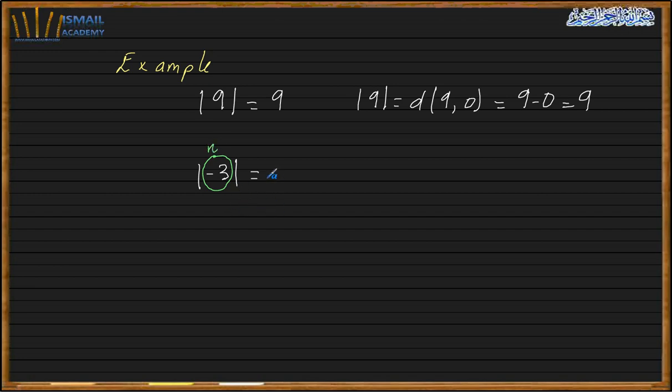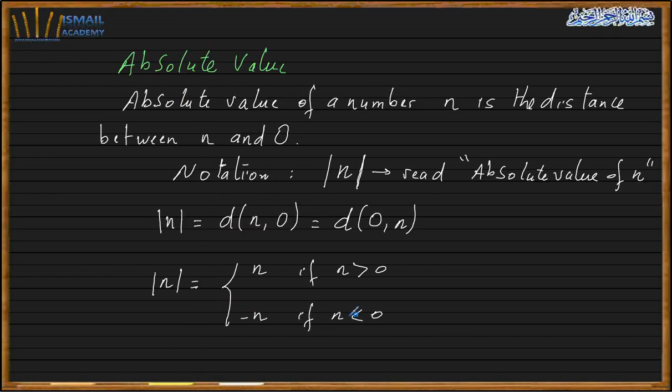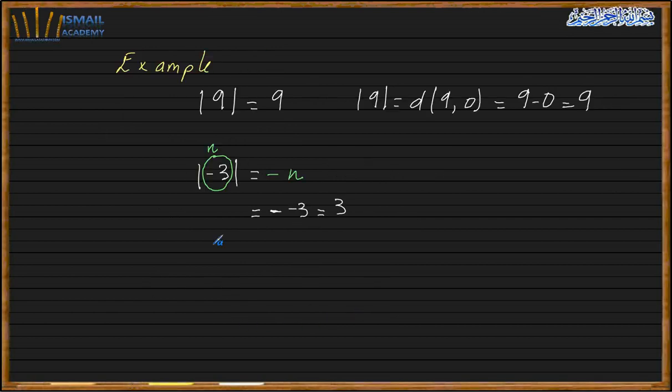When n is negative, what do we do? We do minus n. So if I substitute n by minus 3, minus minus becomes what? Positive. You see the idea? So this is the application of the definition. When n is negative, I just put a minus sign in front of that number.